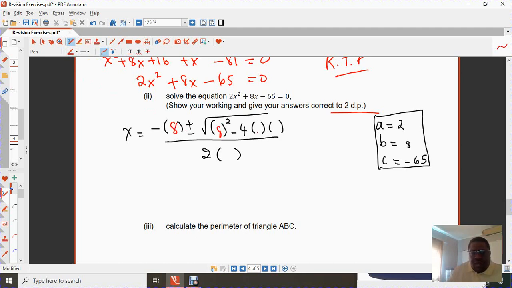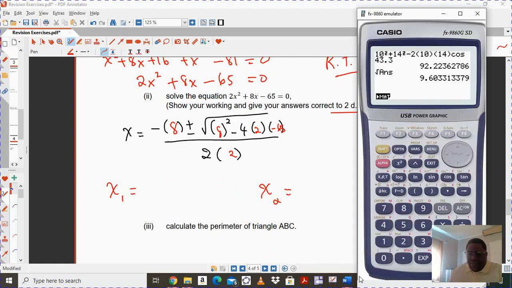That is 8. a is 2. That's minus 65 there, and obviously a is 2. Right. So we're going to have two solutions. One solution will be whatever that is, and then the second solution will be whatever that is if it's negative. Okay. So you can grab your calculator and perhaps work it out.